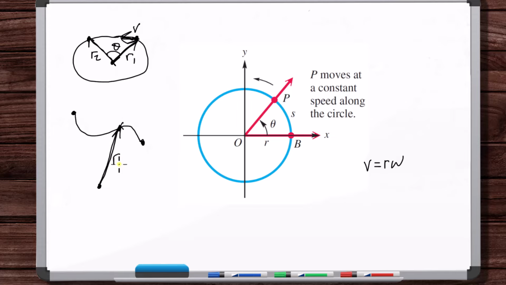So here's R1 and here's R2, and then there's an angle associated with each of these, theta 1, theta 2. The rate of change of the angle is another angular velocity. Angular velocity is the change of angle with respect to time. That is what angular velocity is. It is not married to circular motion, even though, again, that is a very common application of when you'll use angular velocity.